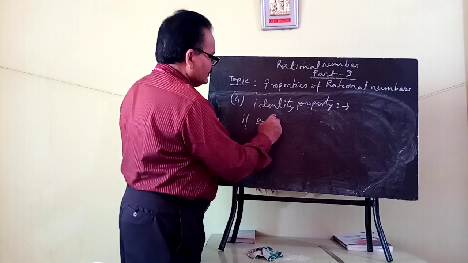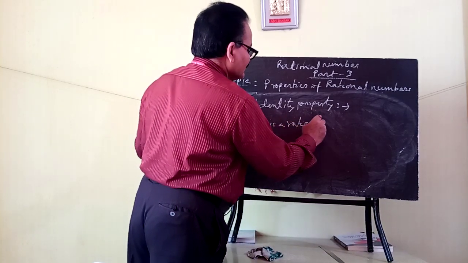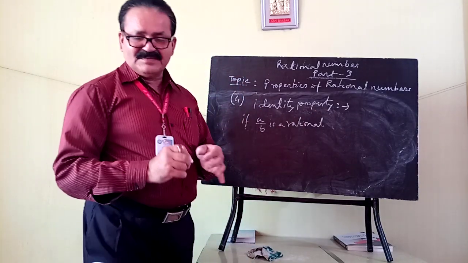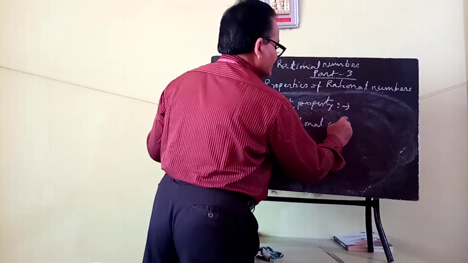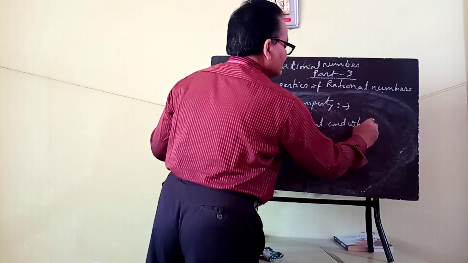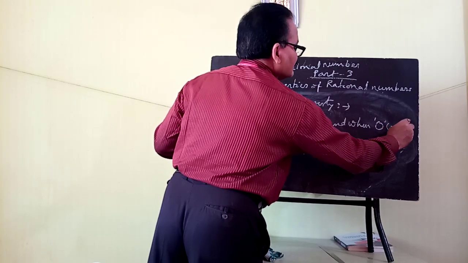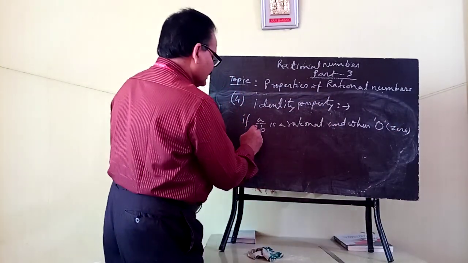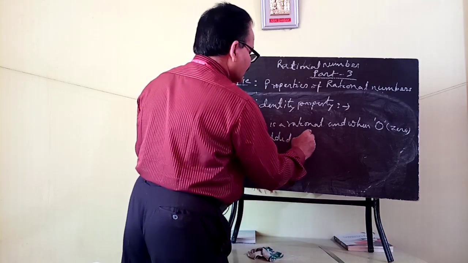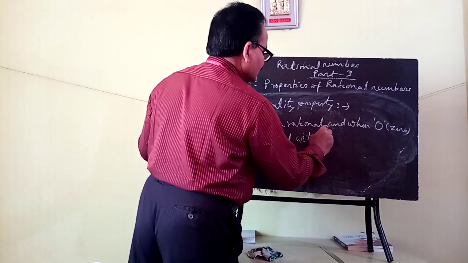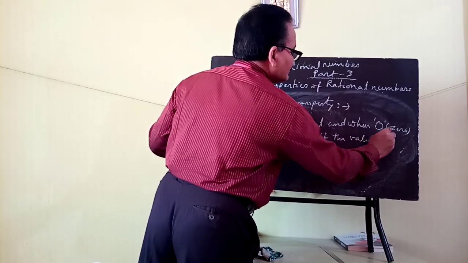A by B is a rational number and when 0 is added with it, the value does not change.